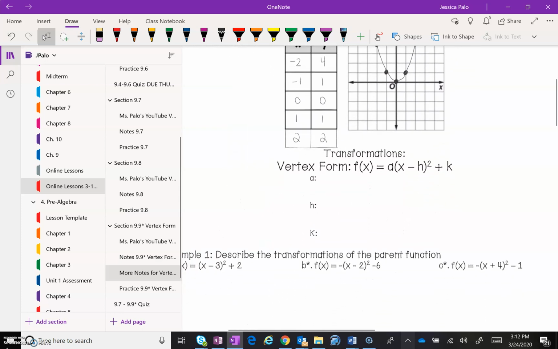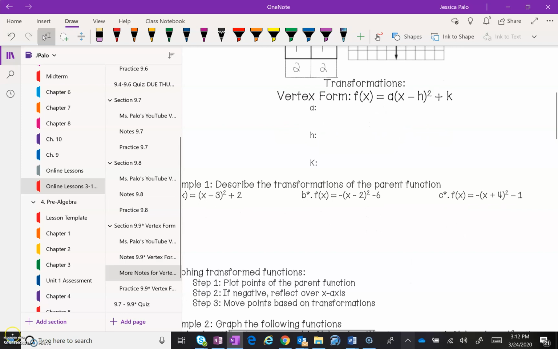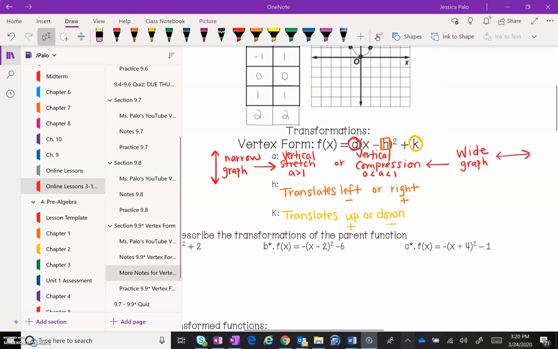So let's look at this function. Okay, so we have the three parts of vertex form, A, H, and K. A does a lot. If A is greater than 1, it's going to have a vertical stretch effect on your parabola. That means it's going to stretch up and down, so we're going to get a more narrow graph.